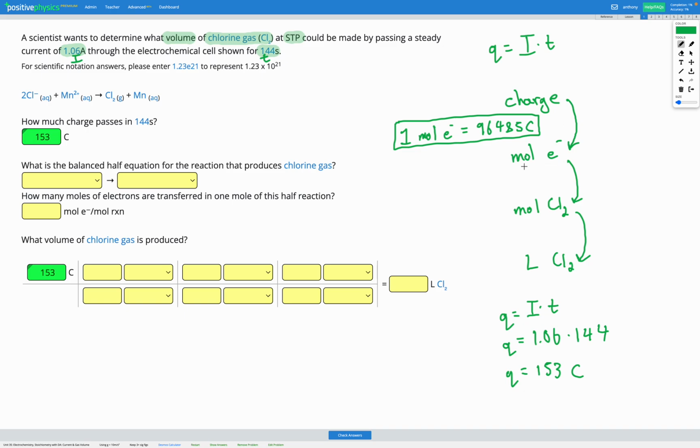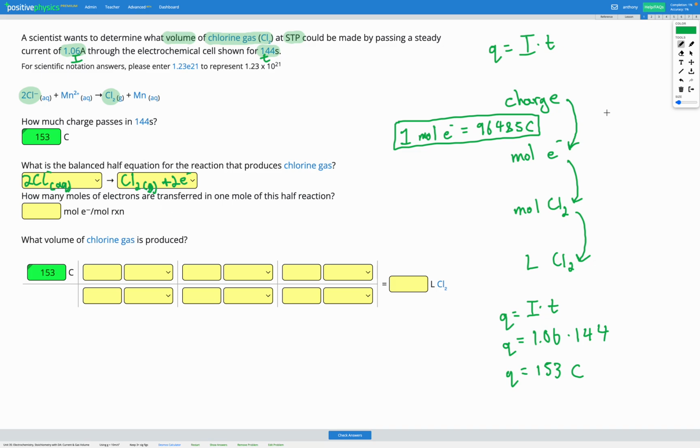For the next step, we'll be converting between moles of electrons and moles of chlorine. To figure out the conversion factor for that step, we're going to need to use the balanced half equation for the half reaction involving chlorine. In our equation here, we start with 2Cl-, we end with Cl2. So we start with 2Cl- aqueous, we end up with Cl2 gas. Right now, our charge on the left is 2-, and our charge on the right is 0. So if we add 2 electrons on the right, now our charge on the left is 2-, and our charge on the right is 2-.